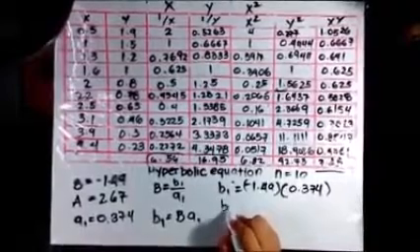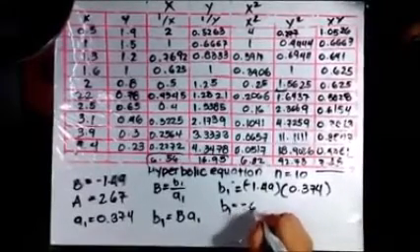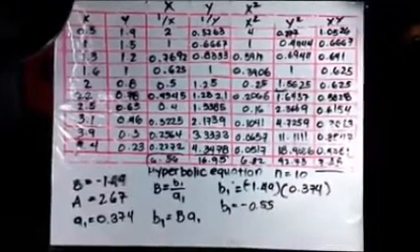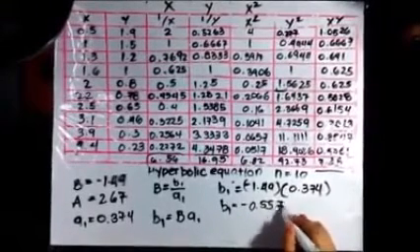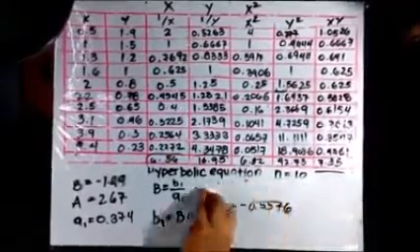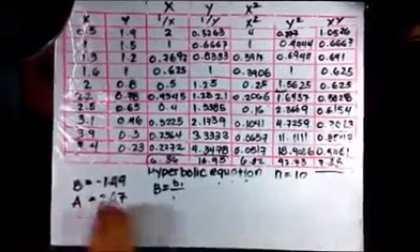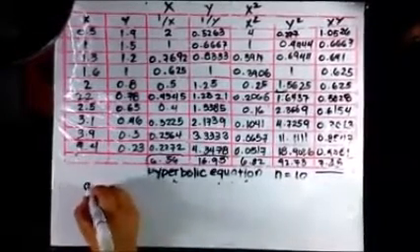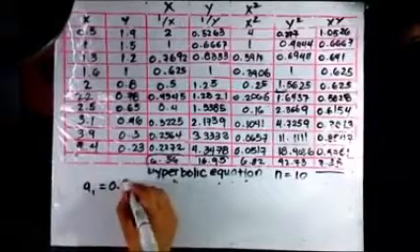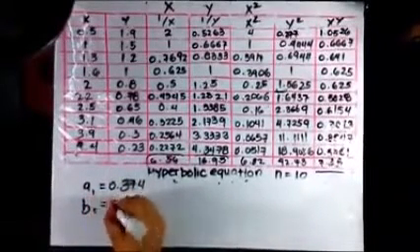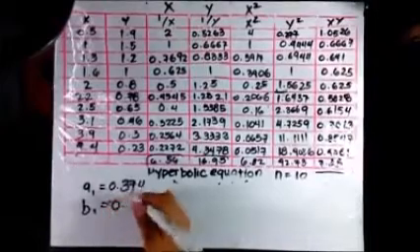Then b sub 1 is equal to negative 0.5576. Then we now have a value for a sub 1, which is 0.374, and b sub 1 is equal to negative 0.5576.